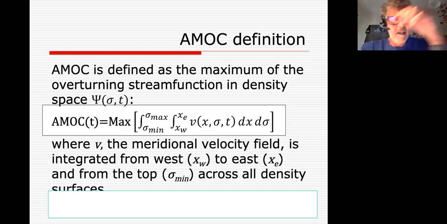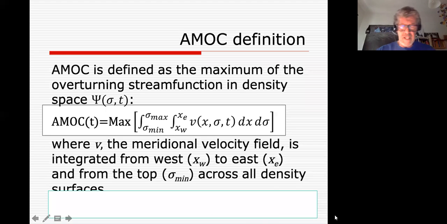So that's a way to explain how this estimate is calculated. The second integral here is the spatial dimension. We assume that V is the meridional velocity field. The field that goes from south to north or north to south is integrated from west to east.